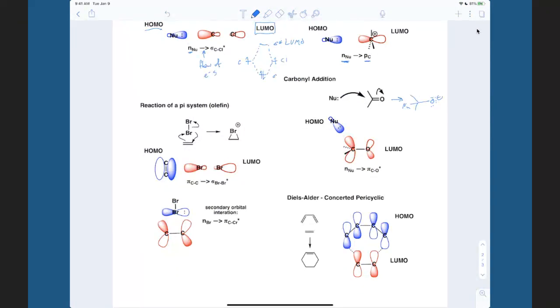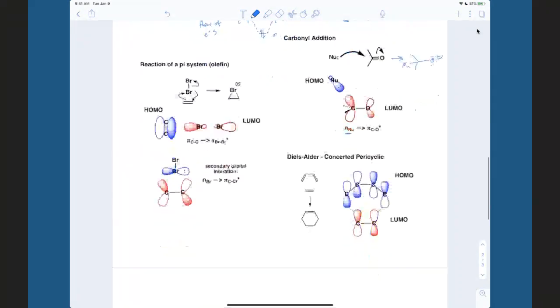So this means that the pi bond of this carbon-oxygen bond broke. Again, we're going to have an n sub nucleophile adding into the pi star of a carbon-oxygen bond. There are some other examples that I show here that I probably won't be testing over. These are more just for reference, but you can look at pericyclic reactions and identify HOMO and LUMO orbitals for things like the Diels-Alder.